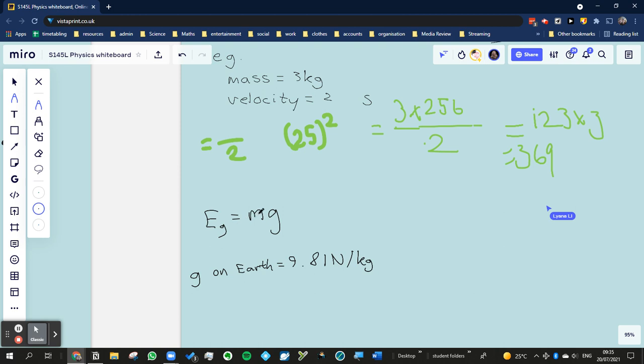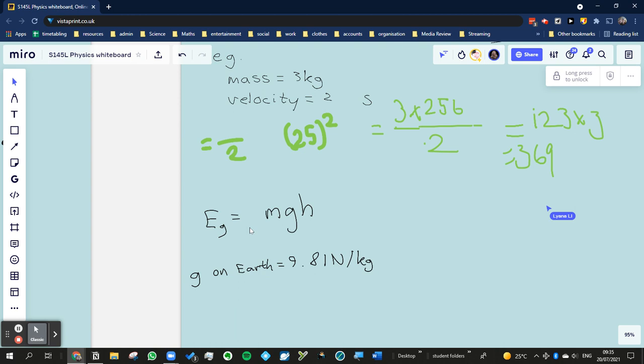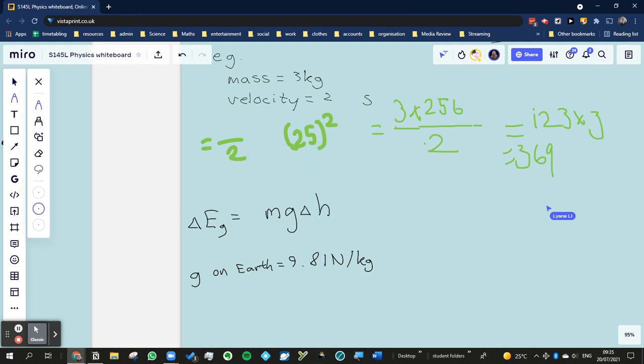Gravitational energy is going to be equal to the mass of the object multiplied by the strength of gravity multiplied by the height the object is at. Maybe a better way to say this is, because it's difficult to say how much gravitational energy something has, since when something falls it could fall a little bit further, it's better to say that the change, this triangle means change in, the change in gravitational energy is equal to the mass times the gravitational field strength times the change in height.